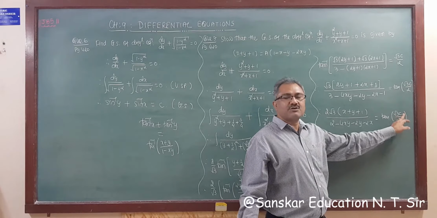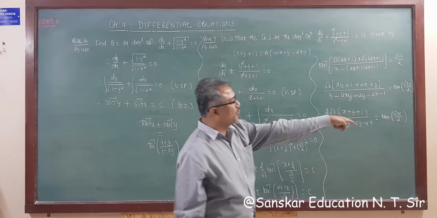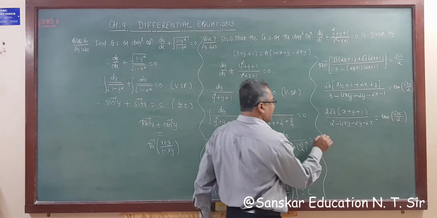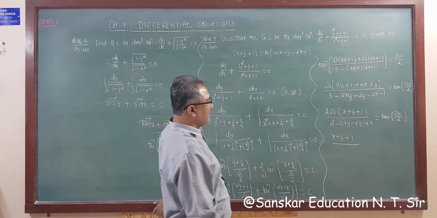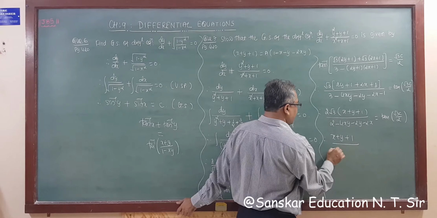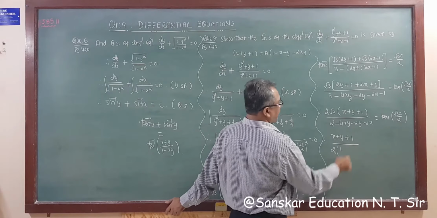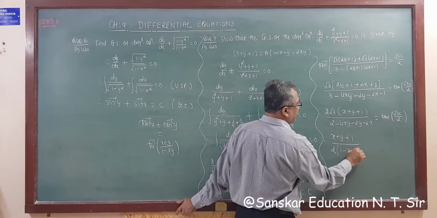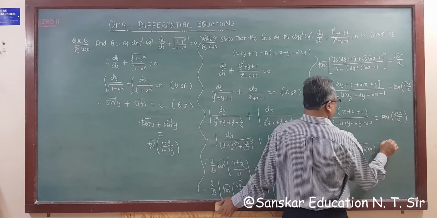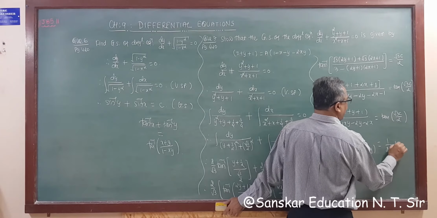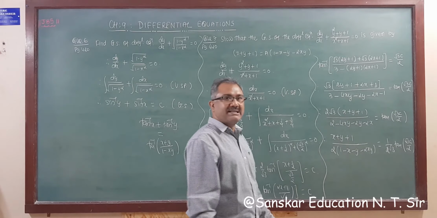So this is a constant, tan of a constant is a constant, and here 2 by √3, I'm taking 2 by √3 also there, so what we get is x + y + 1, right? I'm taking 2 common from here also, so this is 1 minus x minus y minus 2xy is equal to 1 upon 2√3 into tan of √3 c by 2.